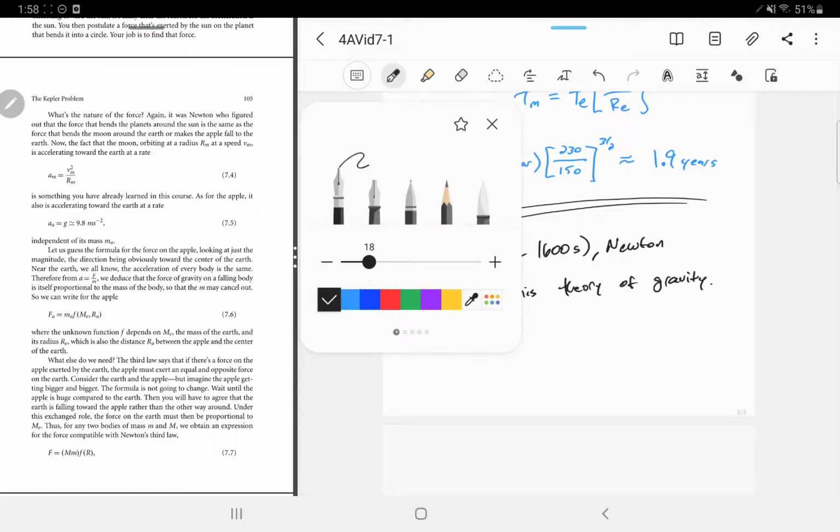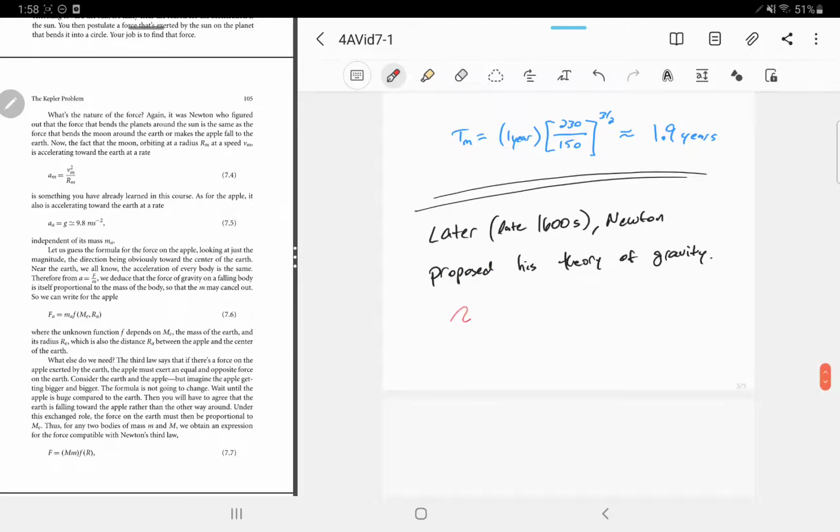So let's see the thinking that leads us to Fg equals, and as a spoiler of where we're going, the law of gravity is G m1 m2 over r squared, over some distance squared.